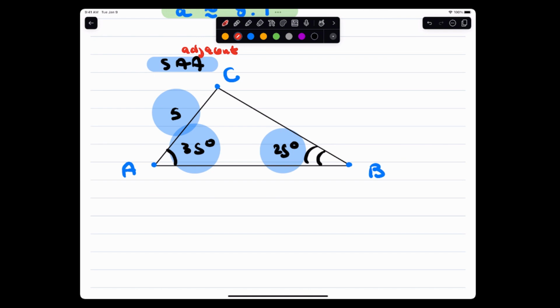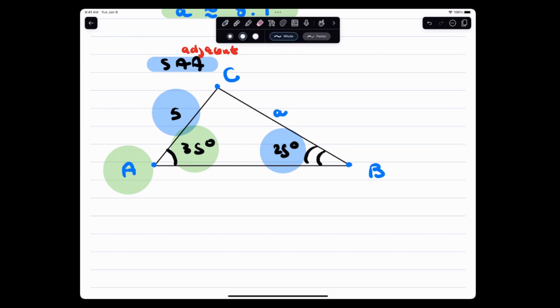Now, okay, so if I say to you, hey, if this is vertice A, and there's your angle A, what do you call this here, ladies and gentlemen?